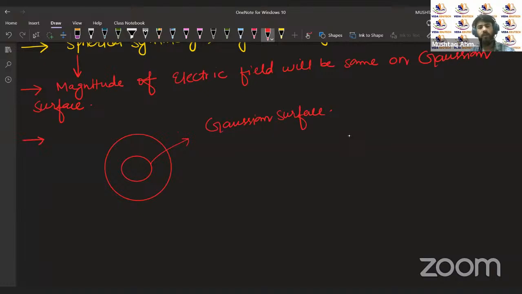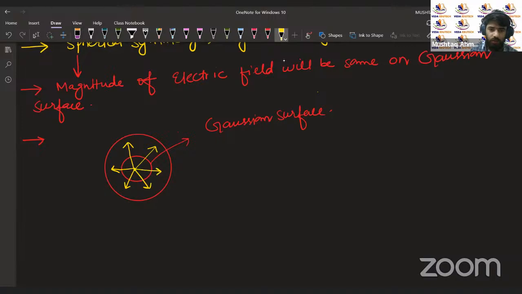And let's suppose the electric field is present on this Gaussian surface, and this is the center. Then the electric field will be directed radially outwards in this direction, and this will be the electric flux through this Gaussian surface.